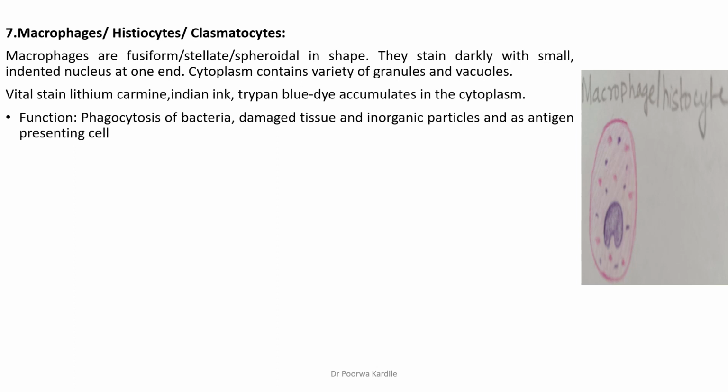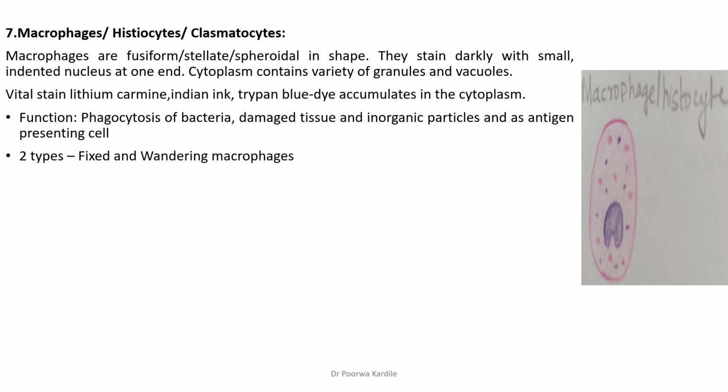When we stain it with vital stains, with the help of phagocytosis, the dye will be accumulated in the cytoplasm. The main function of macrophages is phagocytosis of microorganisms. They also phagocytose damaged tissue and inorganic particles, and they act as antigen presenting cells.